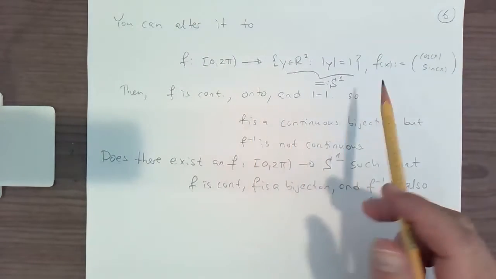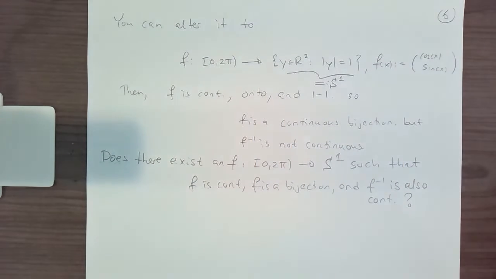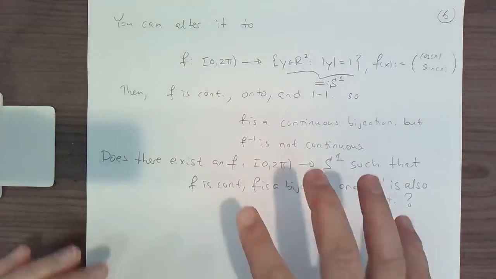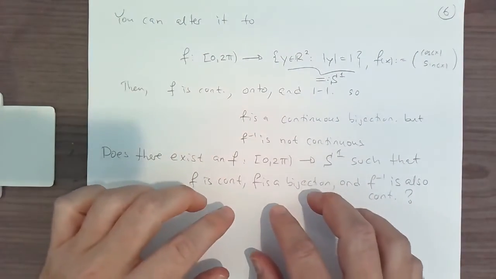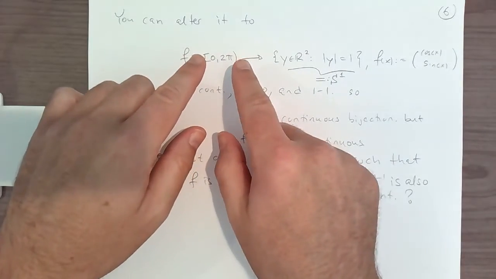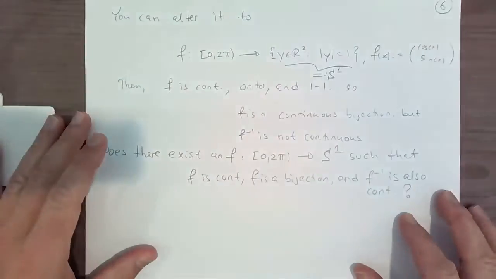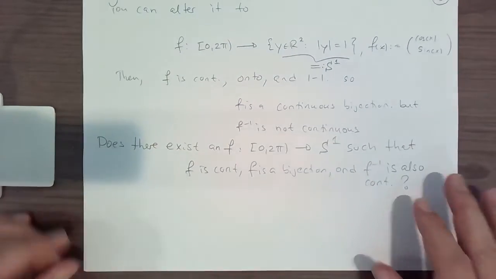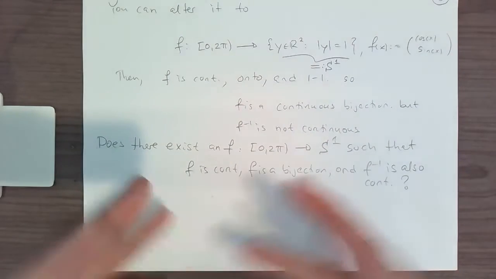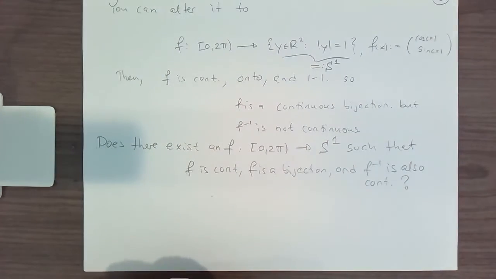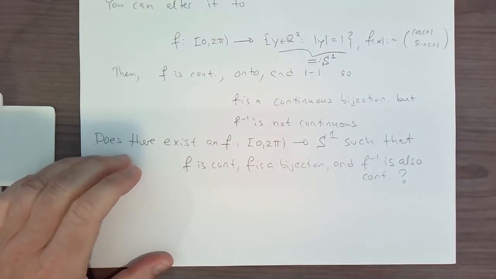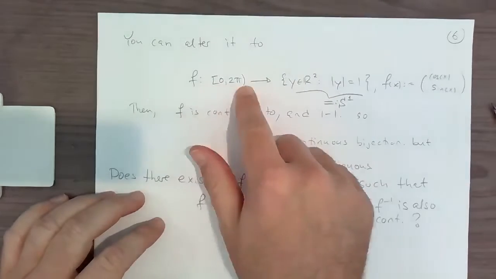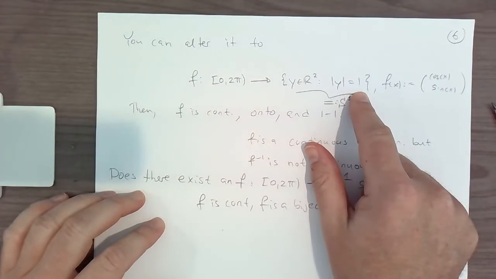Priya was asking, if I would narrow the domain, would it solve the problem? And the answer is no, it does not. But then one could ask a more general question. Would it even be possible to create such a beast so that f is continuous, f is a bijection, and the inverse is also continuous? I have this set here, and I have this set here.